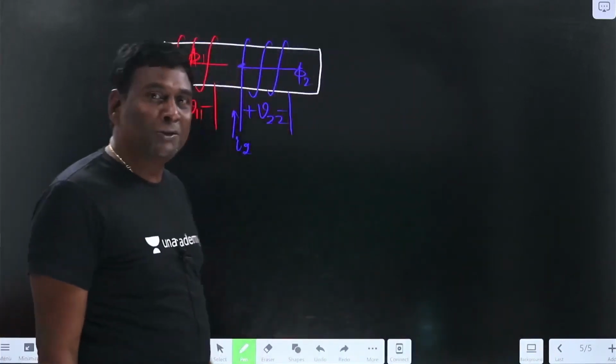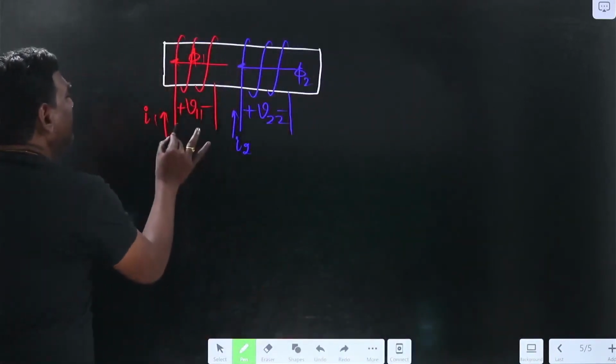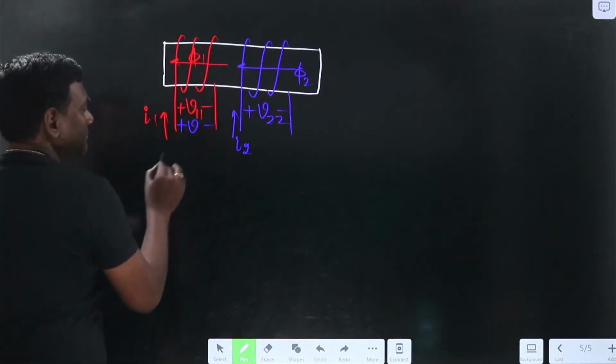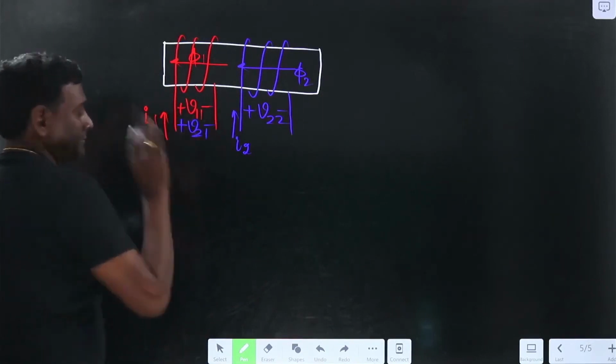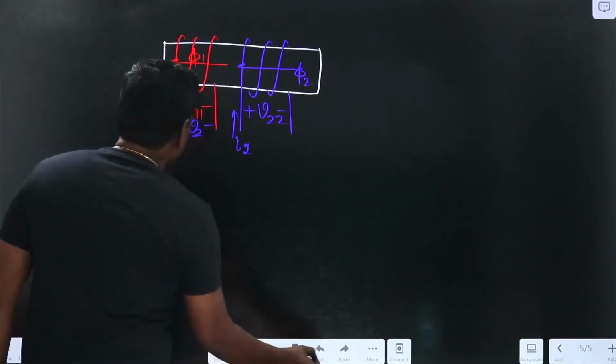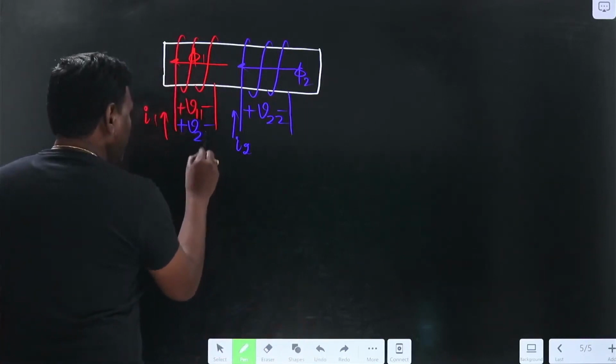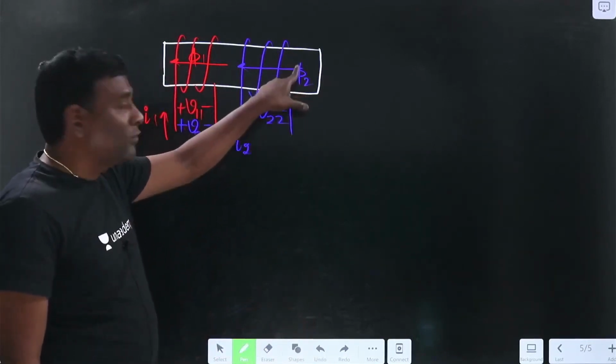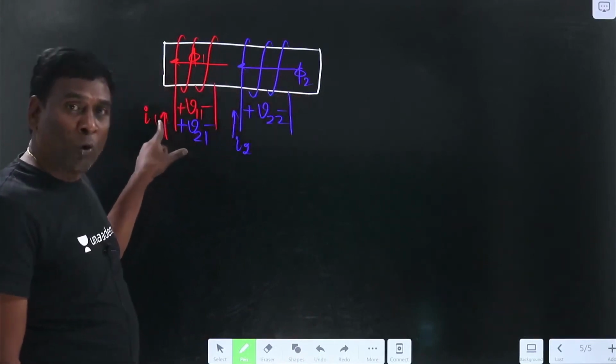Right. That induced voltage should be increased, meaning that, see, plus here, minus here, induced voltage because of 2 in 1. I hope it's visible. See here, blue: because of blue current, because of blue flux, some voltage will be induced in coil number 1.